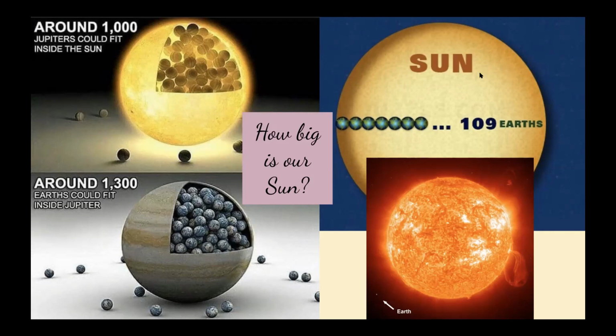In this picture, we know that it takes about 109 Earths laid across together to equal the diameter of the sun. That's quite massive. If we compare the sun to Jupiter, you could fit about 1,000 Jupiters inside the sun. Jupiter is our largest planet, and you could put about 1,300 Earths inside of Jupiter.